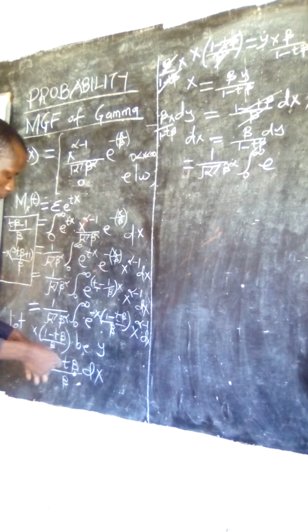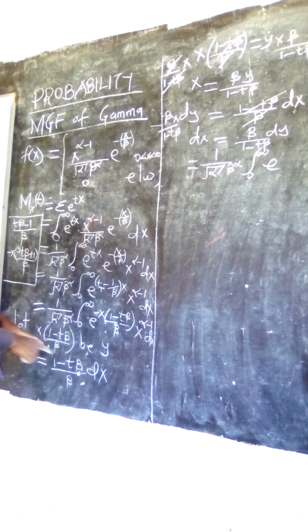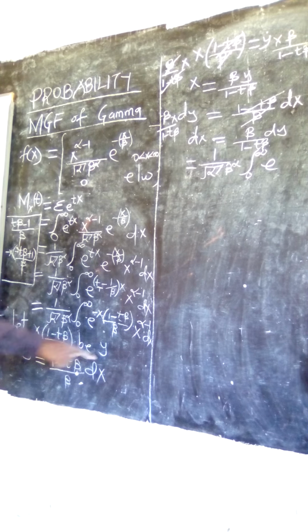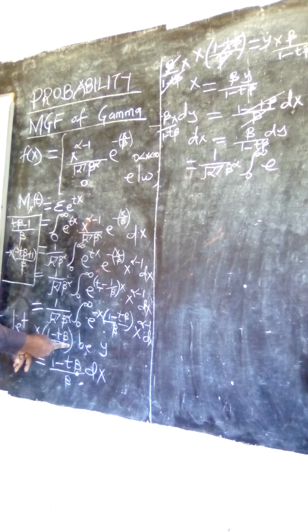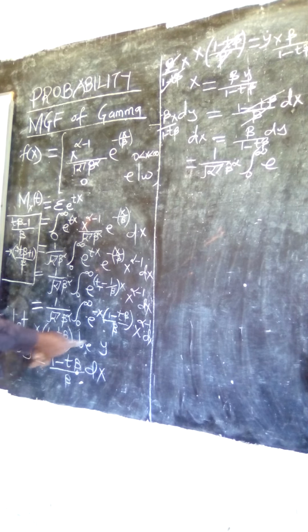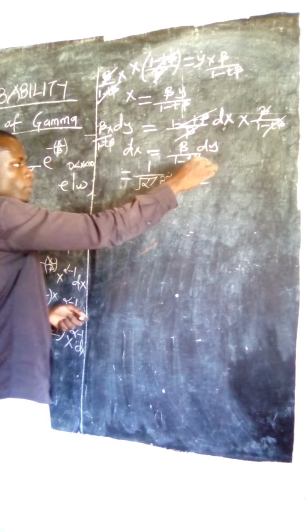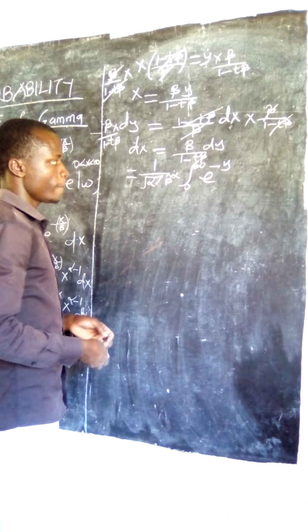Now remember, we said that let y be the content inside the bracket, and therefore I can come to the content and substitute it with y. Therefore I'll end up by having an exponential raised to negative y, and that's what I write here. So I'll write negative y there.